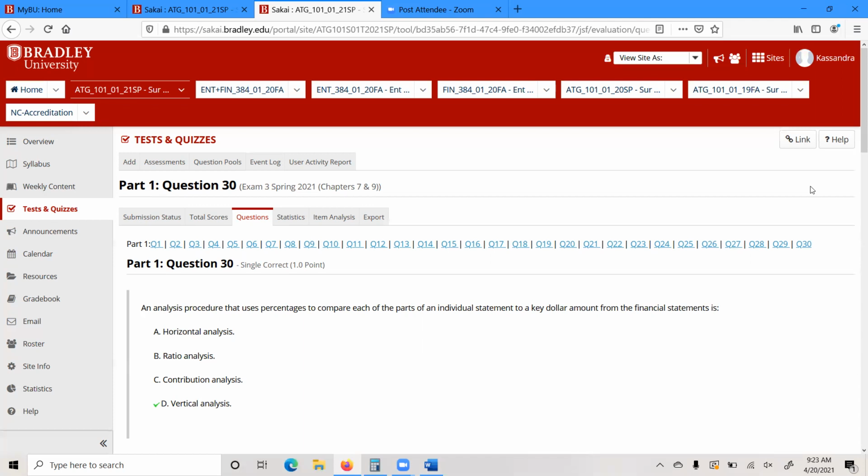And that is the definition of vertical analysis. If you looked at the bottom of page 331, the book states that vertical analysis, and I quote, uses percentages to compare individual components of financial statements to a key statement figure. So almost exactly what question 30 is saying.